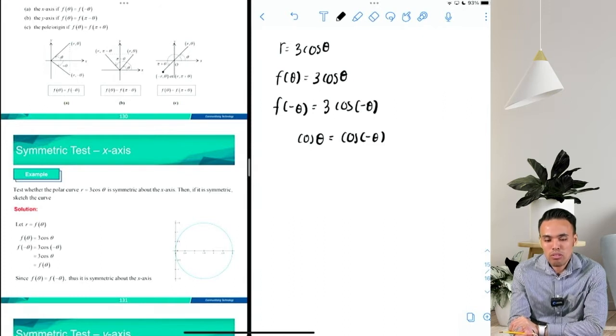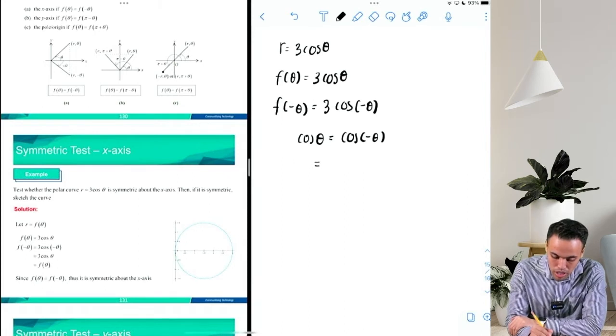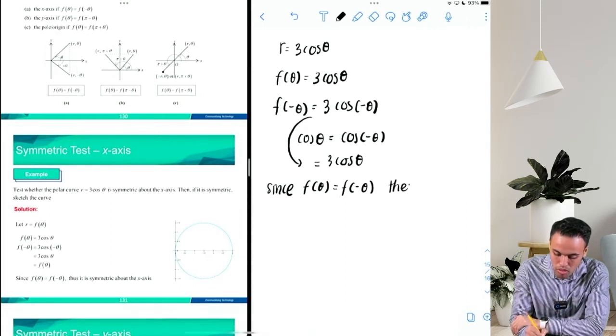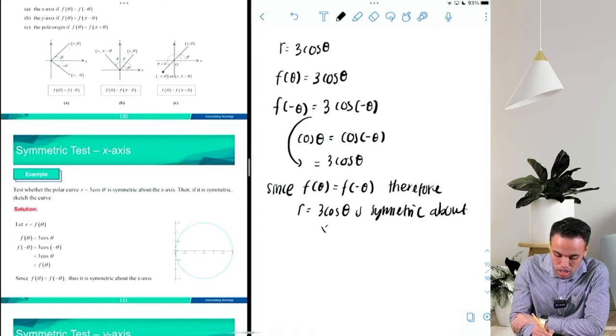You will get the same value. Hence, cosine theta is always equal to cosine negative theta. Since f theta equals f negative theta, r equals 3 cosine theta is symmetric about the x-axis.